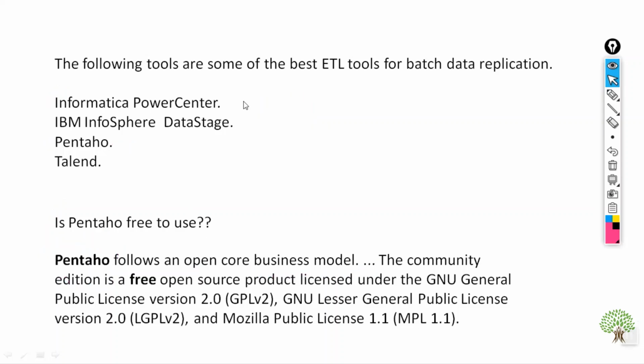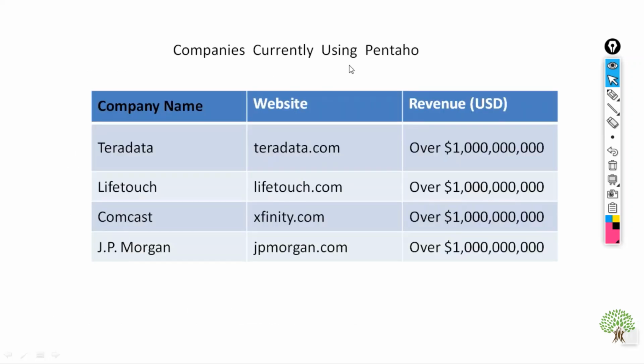Keeping all these tools in mind, I have listed some companies who are currently using Pentaho. Since companies have unique business requirements, it is sensible that they avoid deciding on an all-in-one best software product.